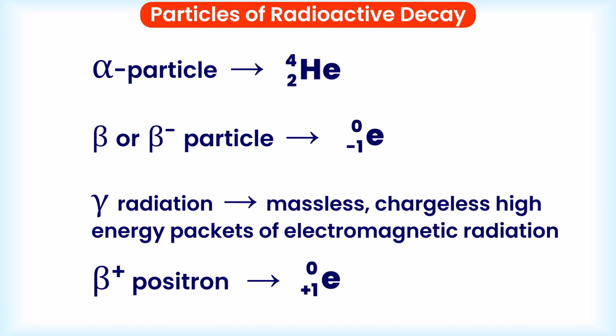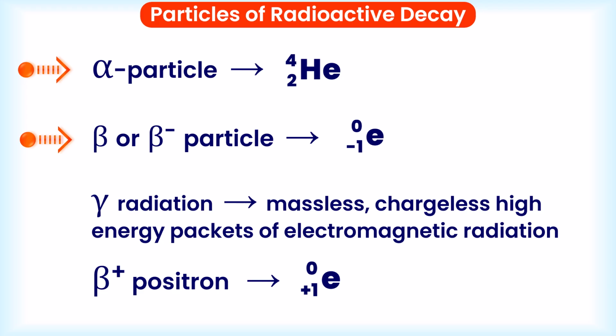In radioactive decay, unstable nuclei emit alpha, beta and gamma radiations to attain stability. An alpha radiation consists of helium nuclides with a mass number of 4 and an atomic number of 2. Beta radiation consists of high energy electrons.